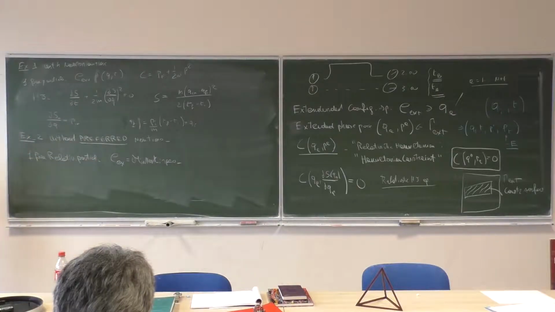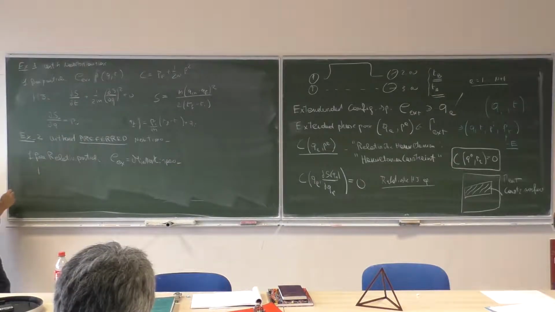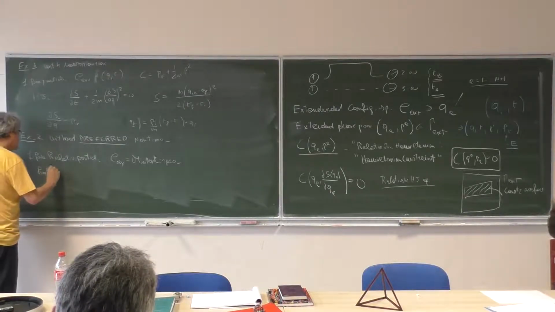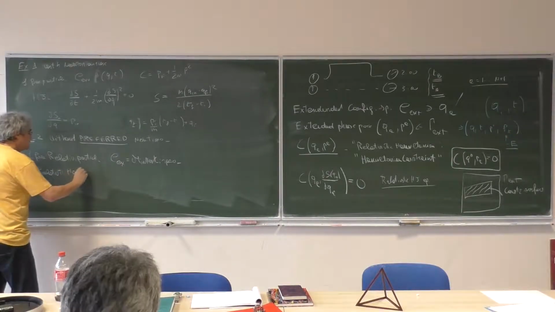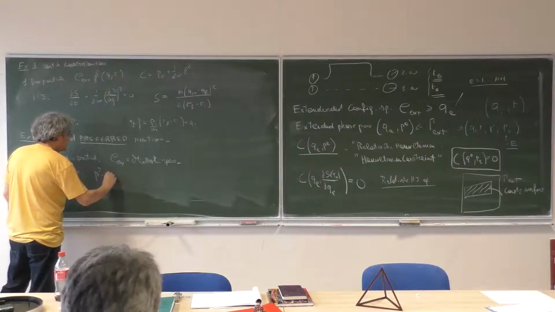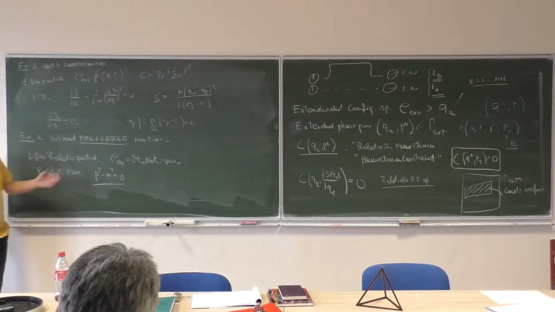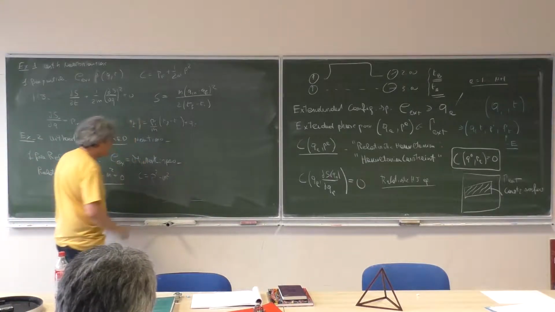Okay? And the relativistic Hamiltonian, or the constraint relativistic Hamiltonian, is simply p square minus m square equals 0. Or if you want, C is p square minus m square.